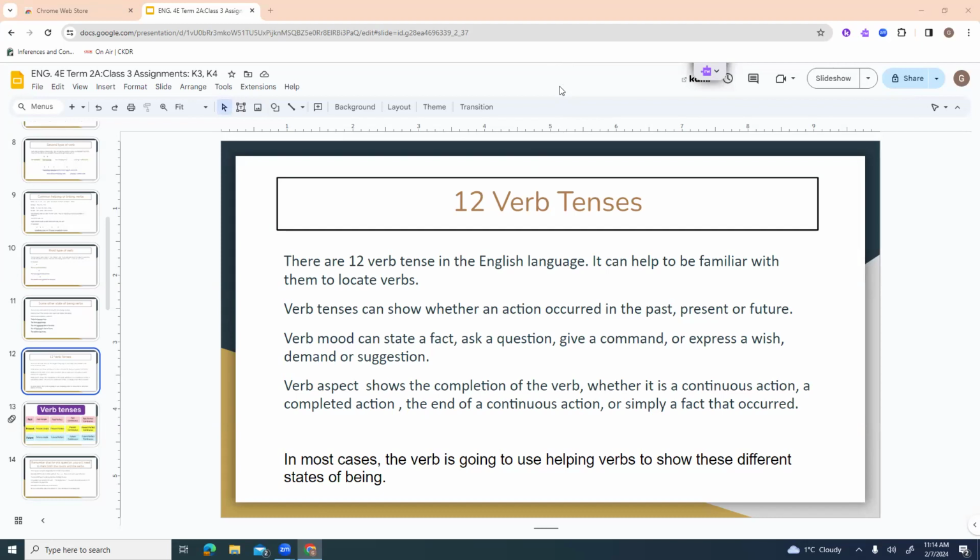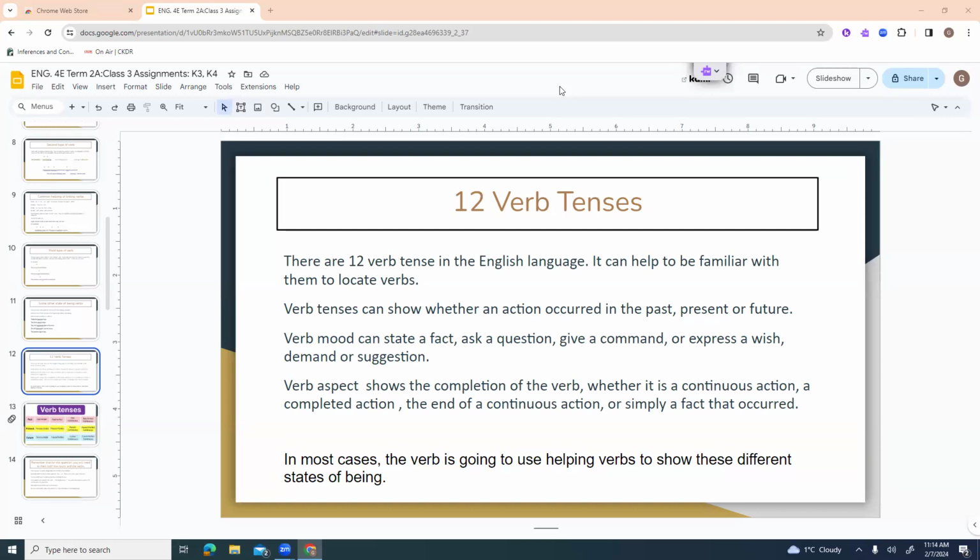Verb tenses can show whether an action occurred in the past, the present, or the future. The verb mood can state a fact or ask a question, give a command, or express a wish, demand, or suggestion. And the verb aspect can show the completion of the verb, whether it's a continuous action or a completed action, or the end of a continuous action, or simply just a fact that it occurred.